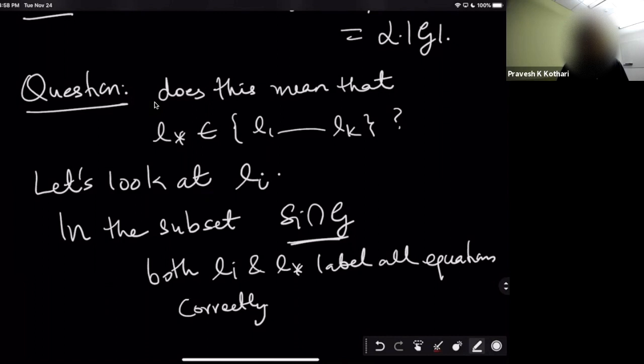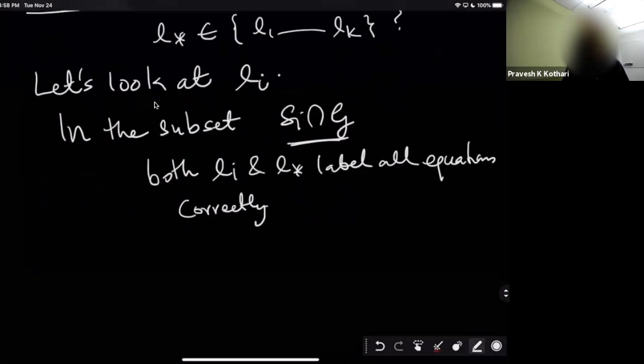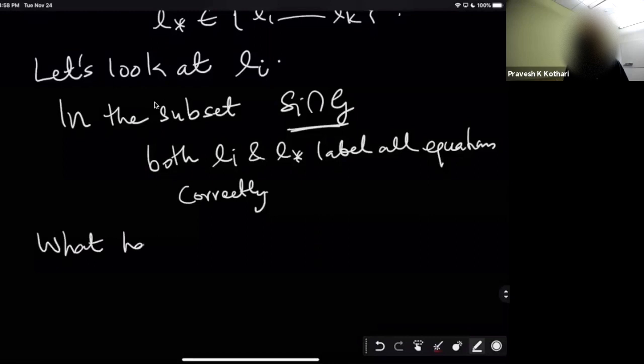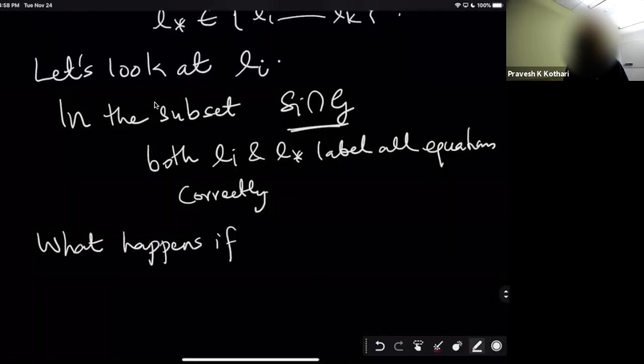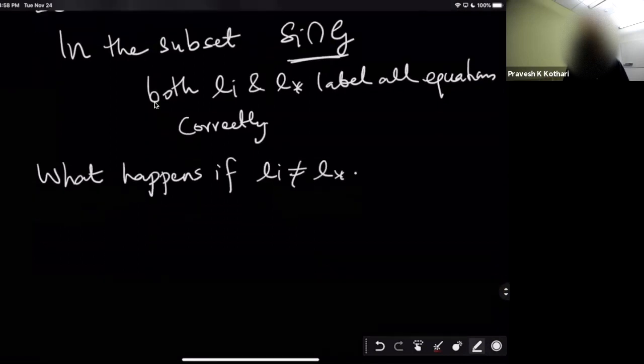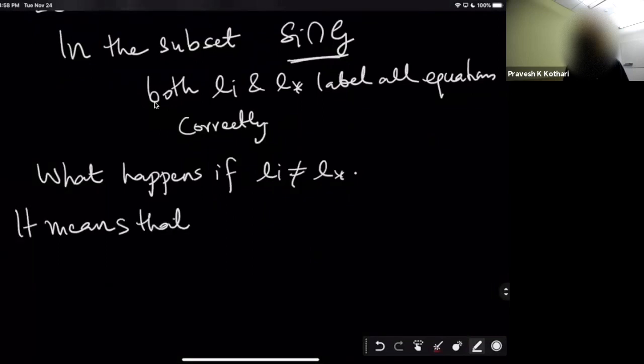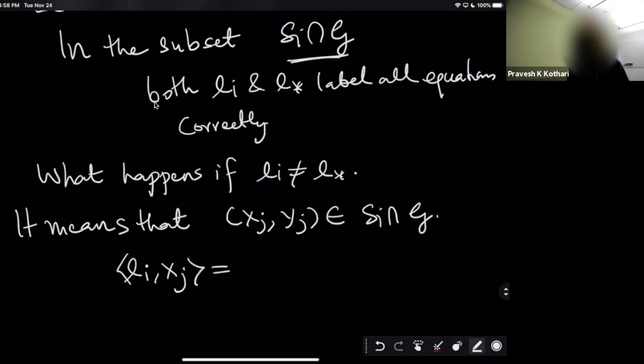So when does that not happen? Let's see what happens if Li doesn't equal L star despite this. Well, it means that for every xj, yj in Si intersect G, it must be true that Li dot xj equals L star dot xj, but Li doesn't equal L star.